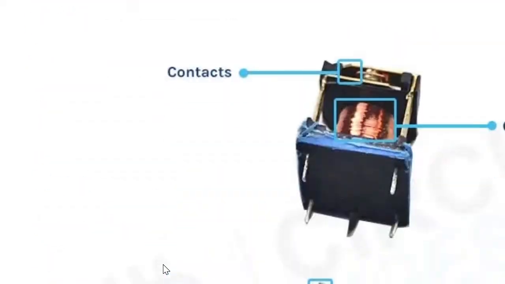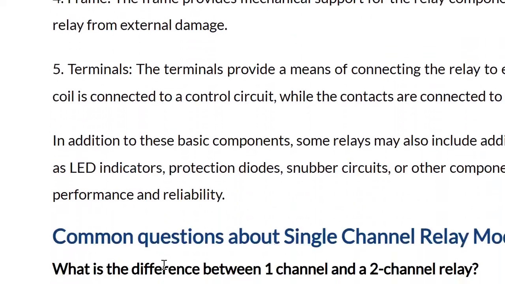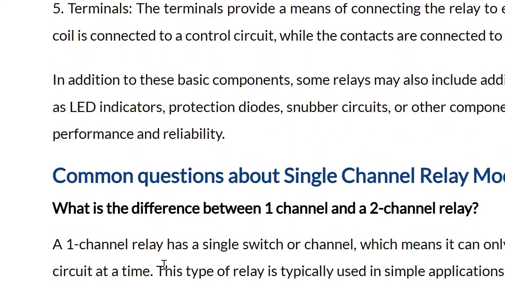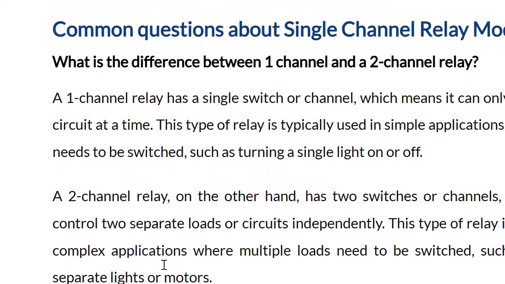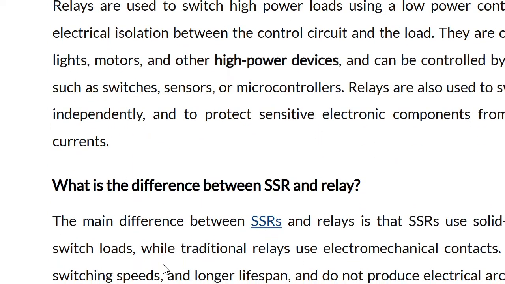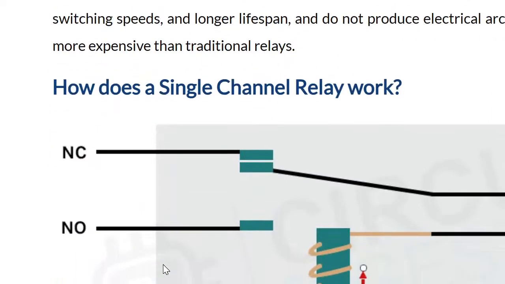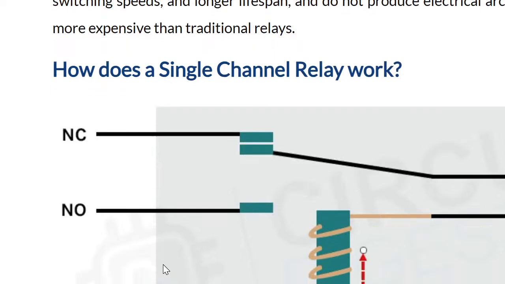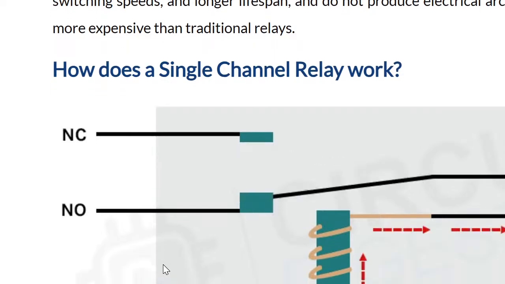Each relay can control an independent circuit. Thus, three independent circuits can be controlled. That is based on the number of channels. Here we have one image as well. The input is one for all the three.